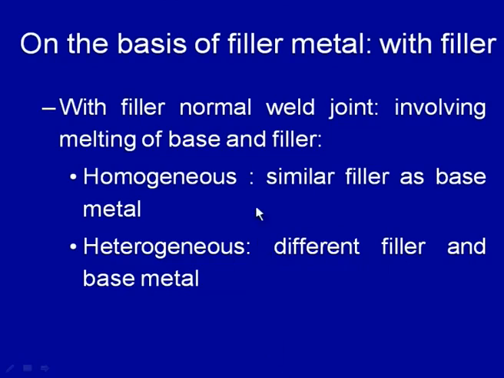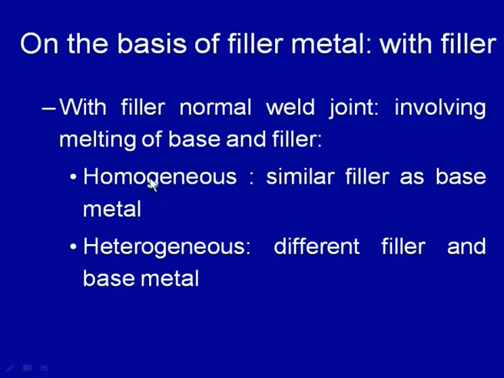Then there are welding processes where filler material is used, especially when thick sheets or thick plates are joined. These welding processes involve the melting of the base material and the filler material both, to get the metallic continuity between the members to be joined.